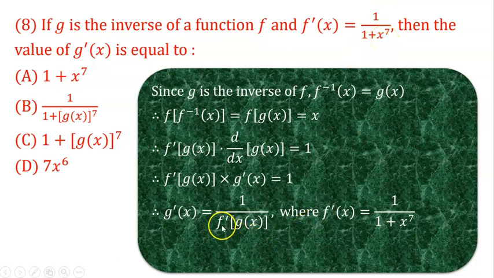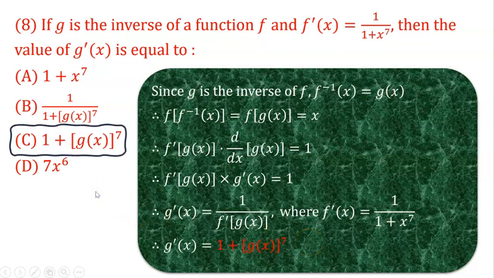Similarly, the value of f dash of g of x will be 1 upon 1 plus g of x bracket raised to 7. If we substitute that here, then after simplification g dash of x is equal to 1 plus g of x bracket raised to 7, and hence option C is correct. Now next question.